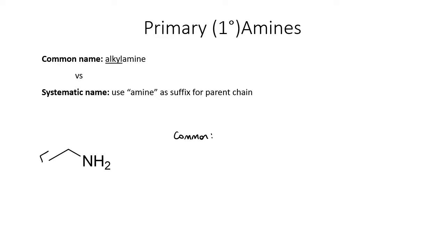In this amine, we have a 2-carbon chain attached, and so this is called an ethyl group. So our common name for this molecule is simply ethylamine. For the systematic name, our parent chain is going to be 2 carbons long.